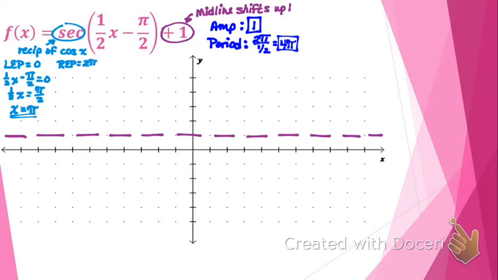When I add pi over 2 to both sides, what do I get? Five pi over 2. So right endpoint is? 10 pi over 2, which is 5 pi.